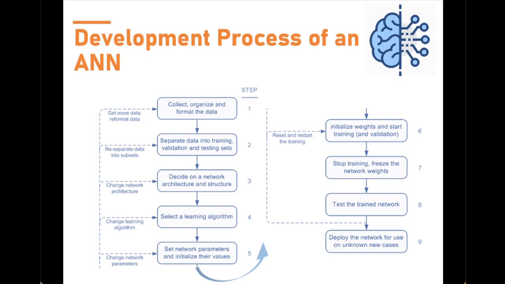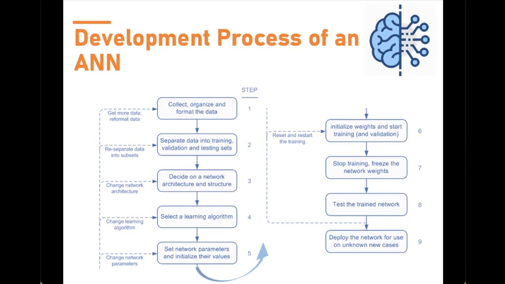So the learning method determines how the network learns from the input-output patterns and improves its ability to make accurate predictions or classifications. The most common learning algorithm used in neural networks is called backpropagation. So, the method we covered a couple of slides ago.